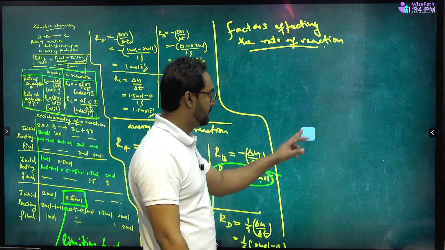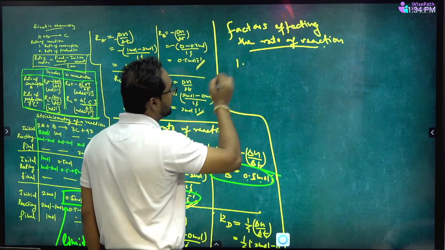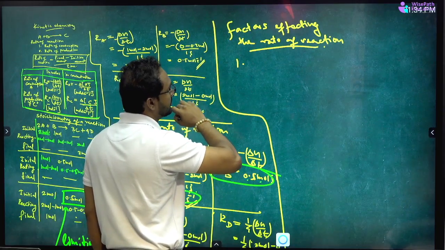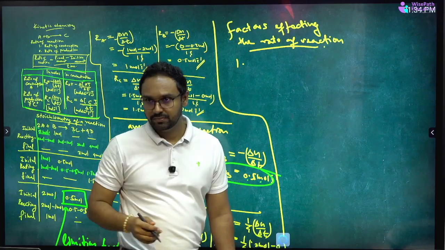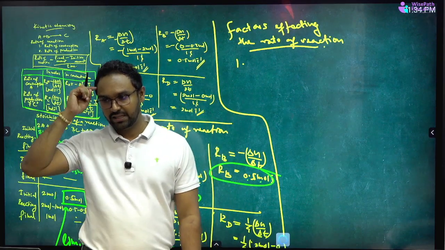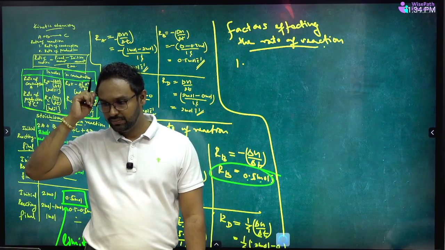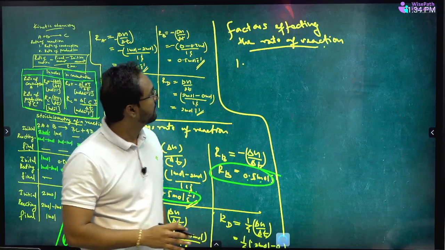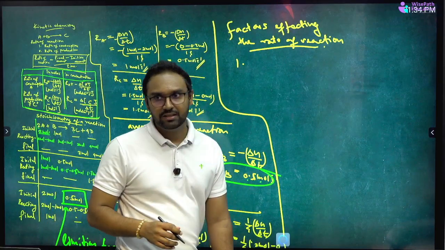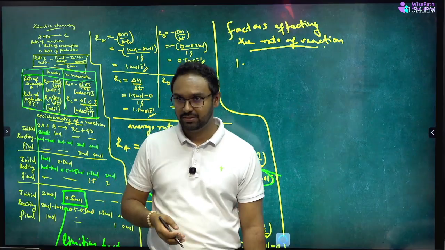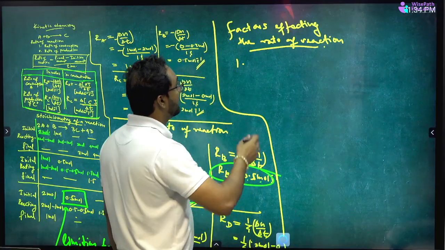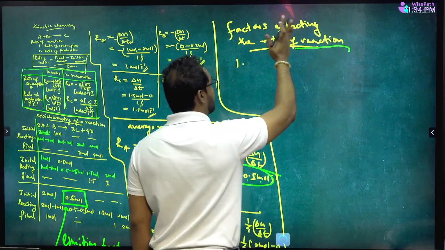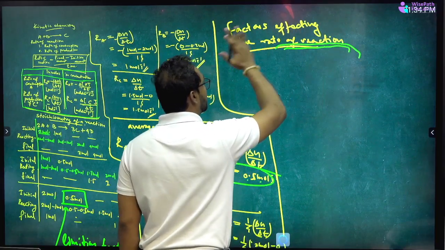How many factors are there? 3. What are the factors? What are the 3 factors affecting collision? Sorry. Not the rate of reaction. Sorry. Factors affecting the rate of reaction is 4. Yeah. True. Factors affecting the occurrence of a reaction should be the topic. I'm sorry.